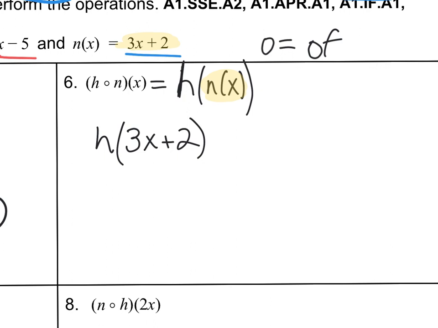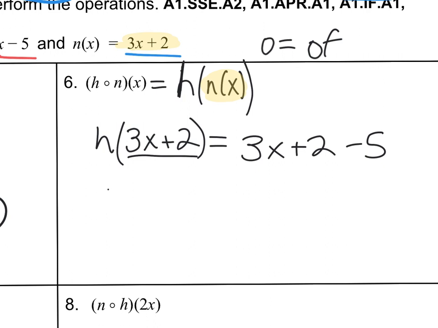So normally, don't write this, but let's say I had h of 3, what would I do? Plug it in for the x. So now, instead of just h of 3, I have h of 3x plus 2. What do you think I'm going to do? Just plug it in for x, okay? So h of 3x plus 2 is just 3x plus 2 minus 5.